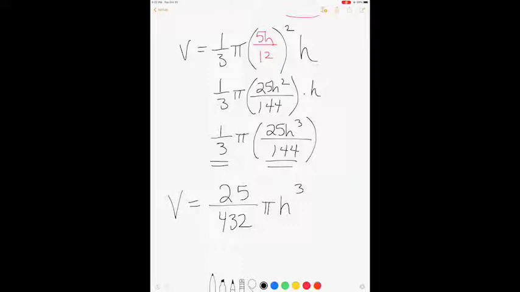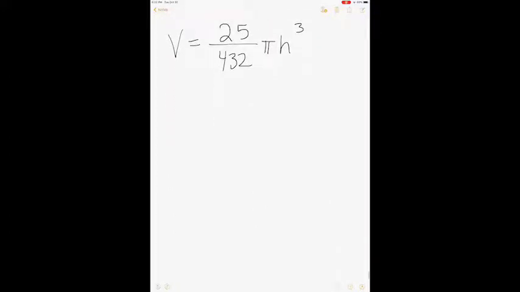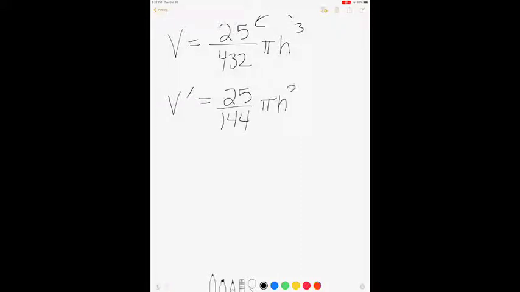All right, so there's my volume with just H. Now I can find V prime so that I can find H prime. All right, 3 times that, that's going to give me 25 over 144. And then since H is dependent on time, it's multiplied by H prime.